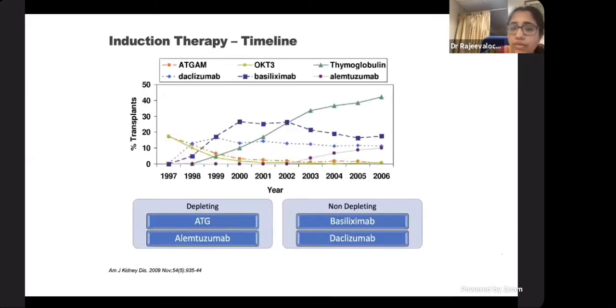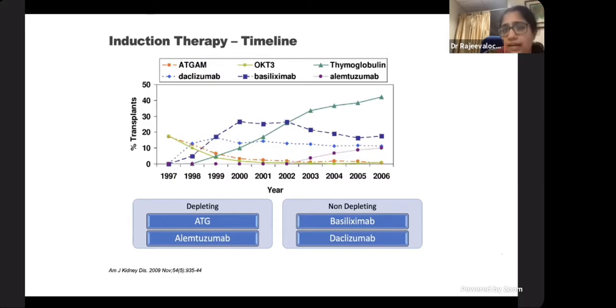And coming to the agents that we currently have, it all started with, I think, OKT3, which was way before, in 1997. A highly good agent, which basically is a MAB against the CD3 cells. Now, OKT3 went out of use because of the severe reactions which it had.